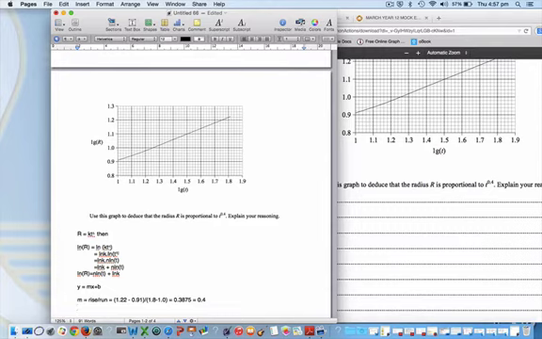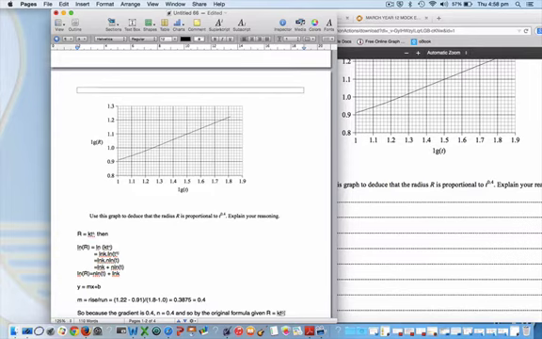So maybe you want to say a little statement in English here. So because the gradient is 0.4, n equals 0.4, and so by the original formula given, R equals k t to the power of 0.4.